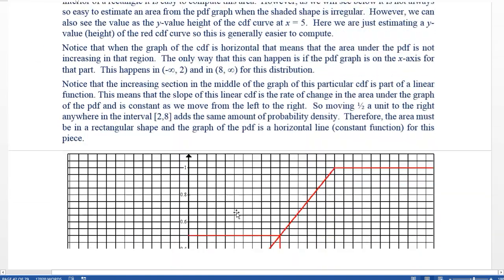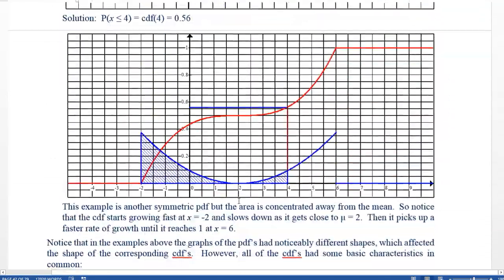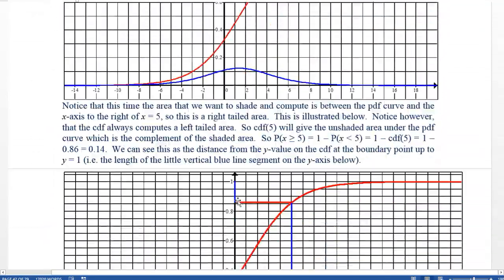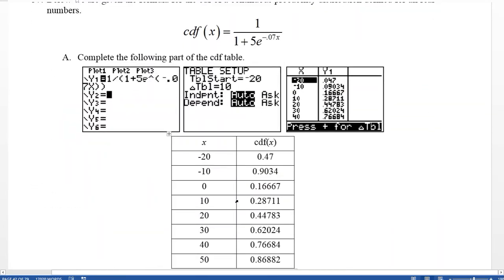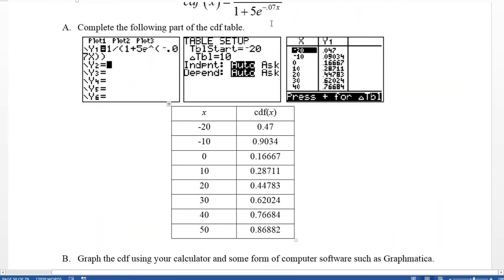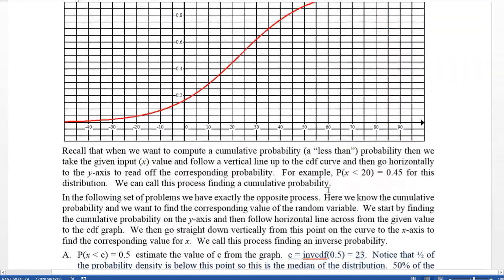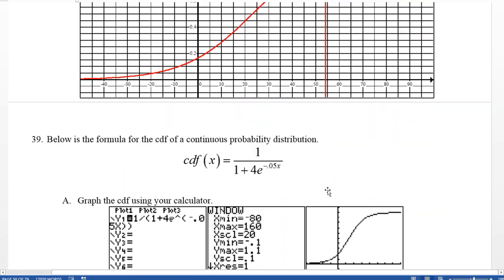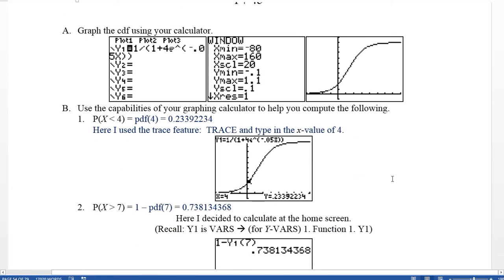There's an example as well, and we can do some calculations. It shows a few examples of how you can see probabilities both on the PDF and the CDF. Here's an example where we're given the CDF, and we compute some things. It shows you how to use your calculator to help with that process as well. Lots and lots of examples of this are in these other videos.